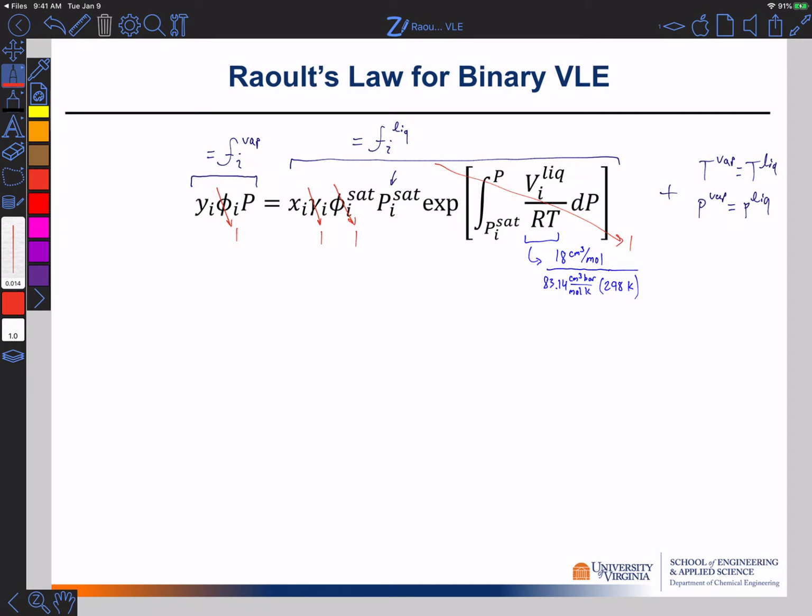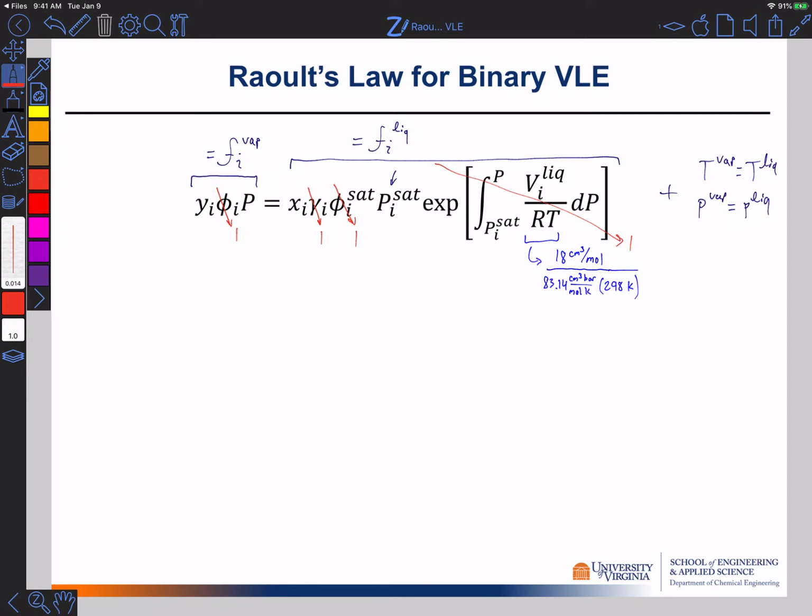in these situations where we're at relatively moderate pressures and the molar volumes are relatively small, and RT is a relatively big number compared to that. So I like to make that distinction here, because we're not saying that the Poynting factor goes away because of any assumption of ideality, right?